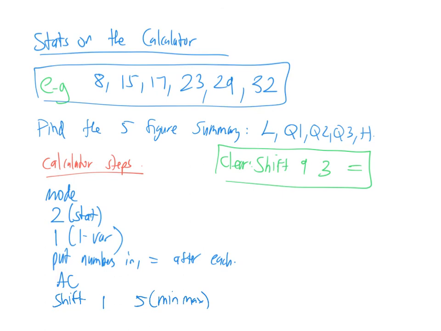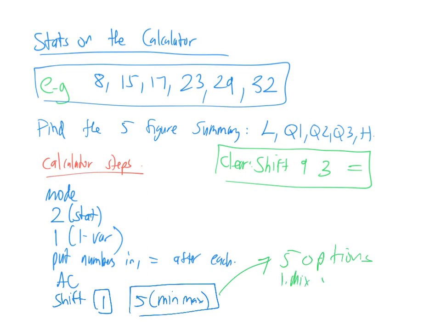So what I might just write, so let's just say, shift, then 1, then min-max, 5 options. So it's 1 min-x, 2 max-x, 3 Q1, 4 median, and then 5 Q3.